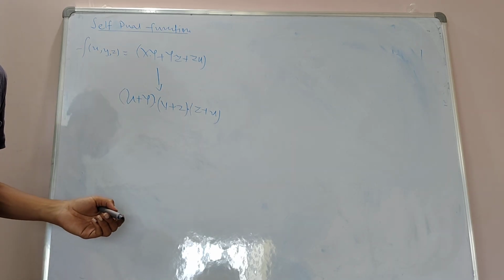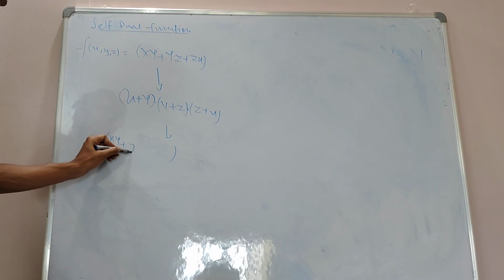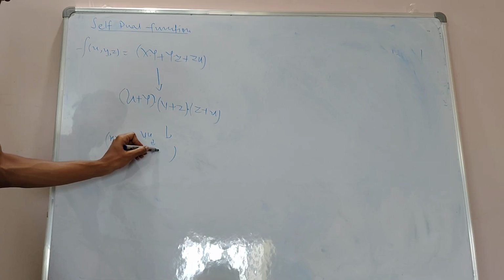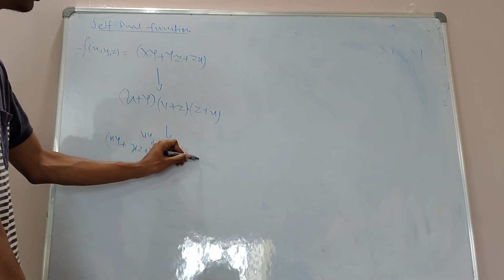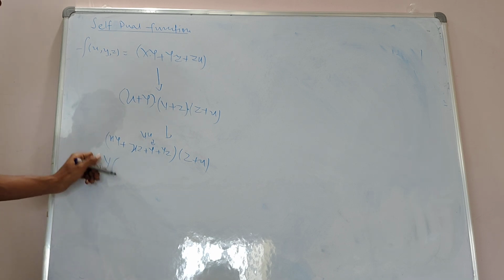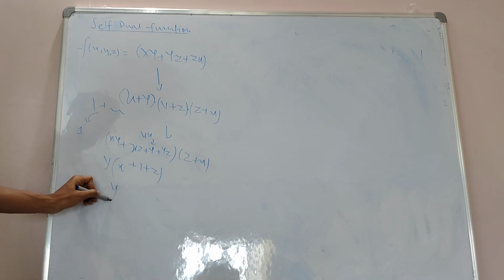And now I will expand this, so what will I get? I will get xy plus xz plus yy, which gives me y, and I will get yz into (z plus x), right? Then I take y common, so I will have x plus 1, right, plus z. So 1 plus anything will give me 1.